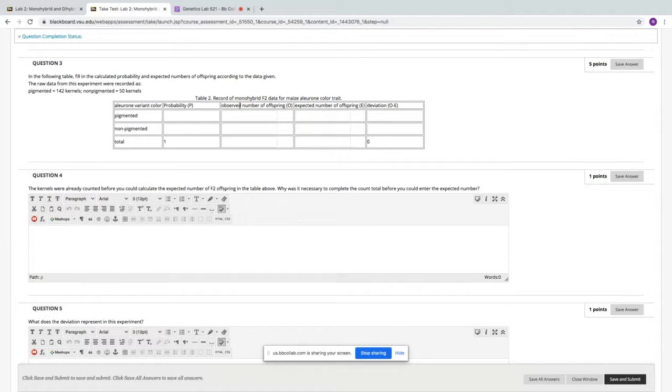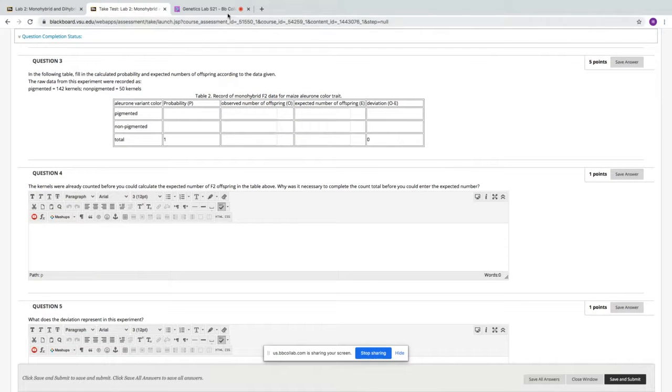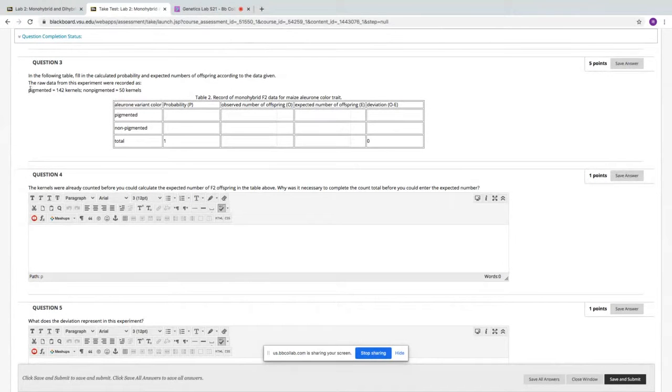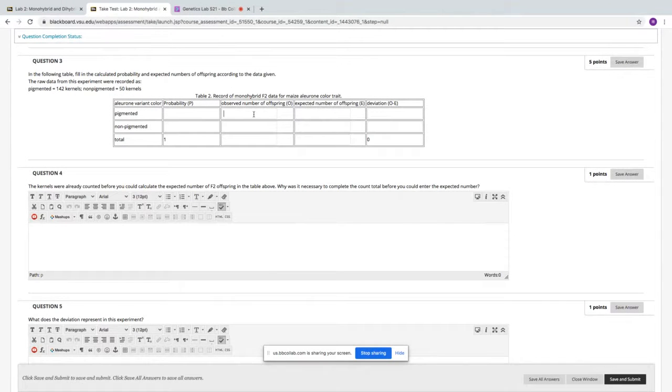So raw data would be observed number, right? Yeah, it would be. Okay. Pigmented 142, non-pigmented 50. Total is 142 plus 50 is 192.